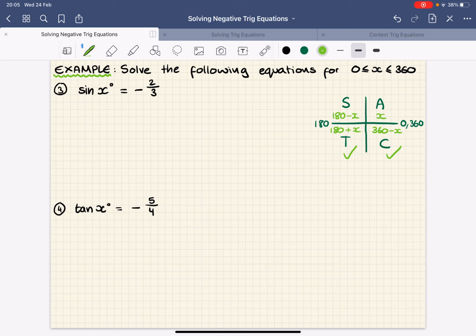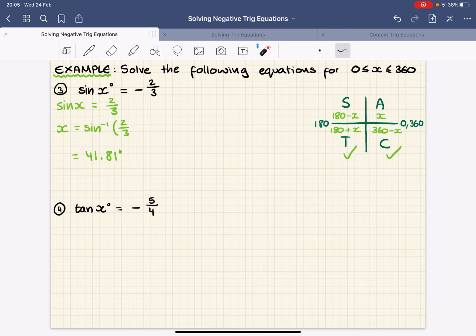So firstly, I just focus aside on what sine x equals 2/3 would be. So x is going to be the inverse sine of 2/3, which is just, ooh, sorry about that. Just yeeted my pen. So that is just going to be 41.81 degrees.